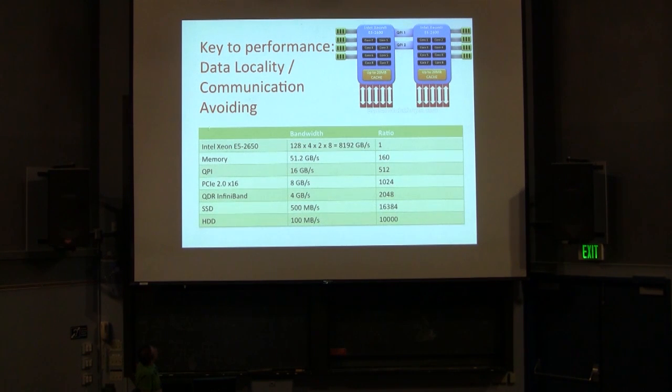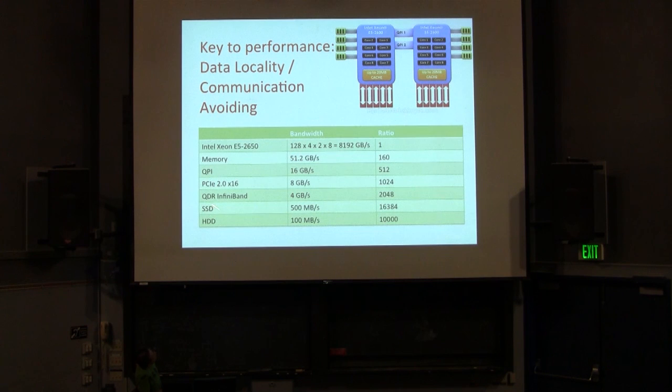The InfiniBand I just mentioned also happens to reside on the PCIe bus, right? So if for every single calculation you have to transfer data through the network, the best you would get is 4 gigabytes per second, which may be slow.